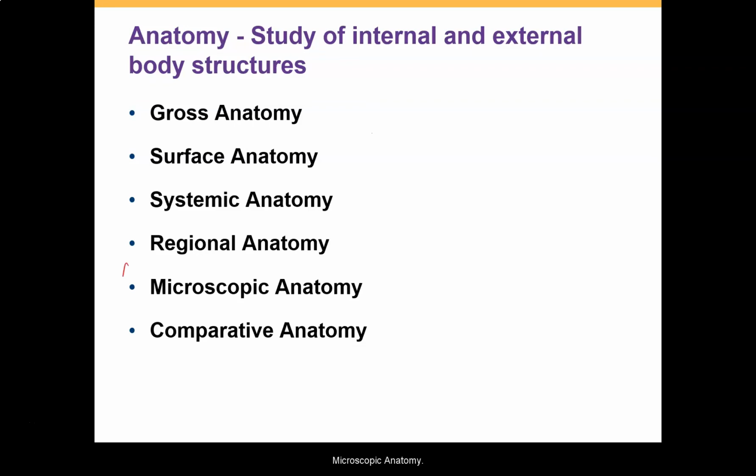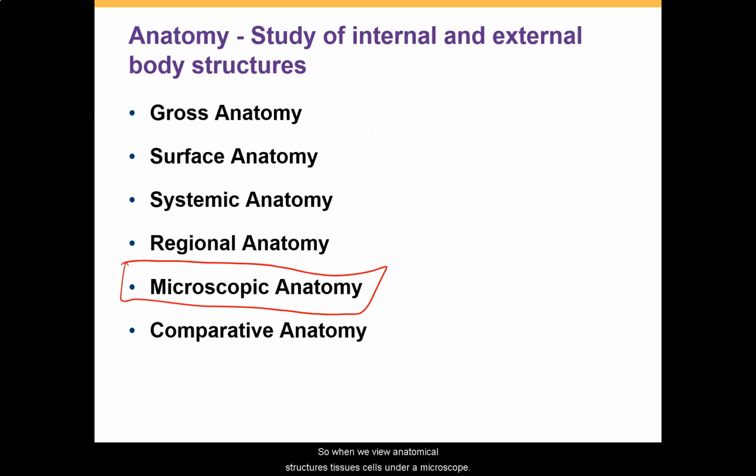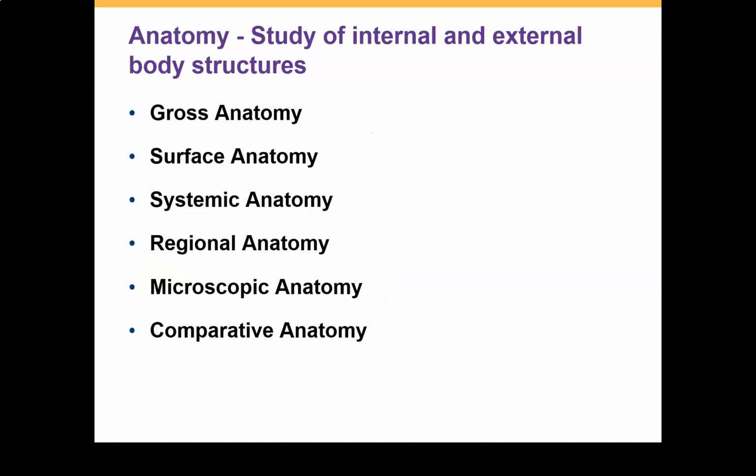Microscopic anatomy. If we cannot see it with our bare eye, we need instrumentation. A microscope is an instrument that is used to amplify small anatomical structures. So when we view anatomical structures, tissues, and cells under a microscope, we are amplifying them.